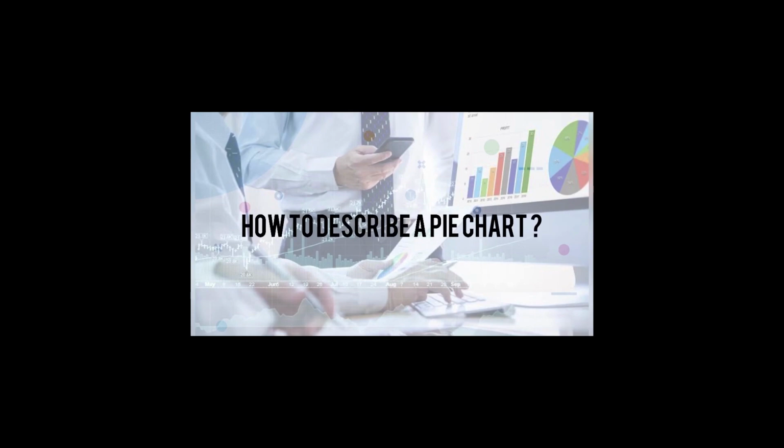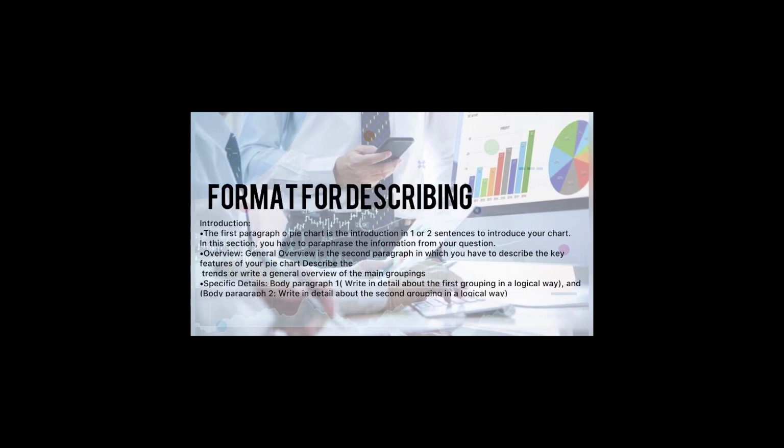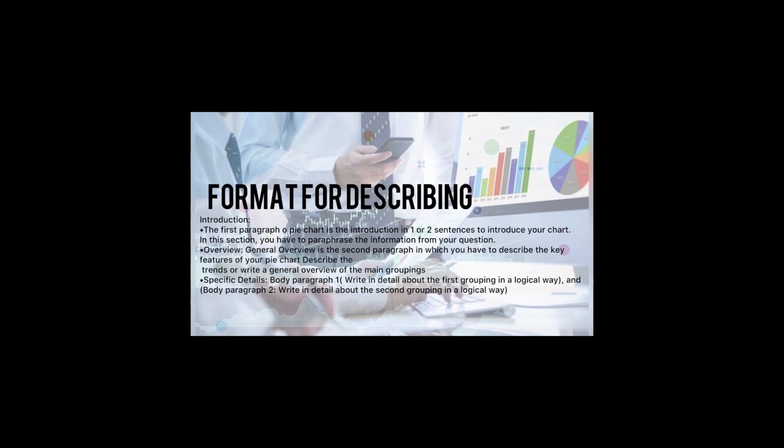How to describe a pie chart? You might find various types of pie chart, like some with percentage or without percentage or number. However, for each kind of pie chart, the rule is the same. Format for describing. For the first, this is the introduction. The first paragraph of a pie chart description is the introduction, one or two sentences to introduce your chart. In this section, you have to paraphrase the information from your question.